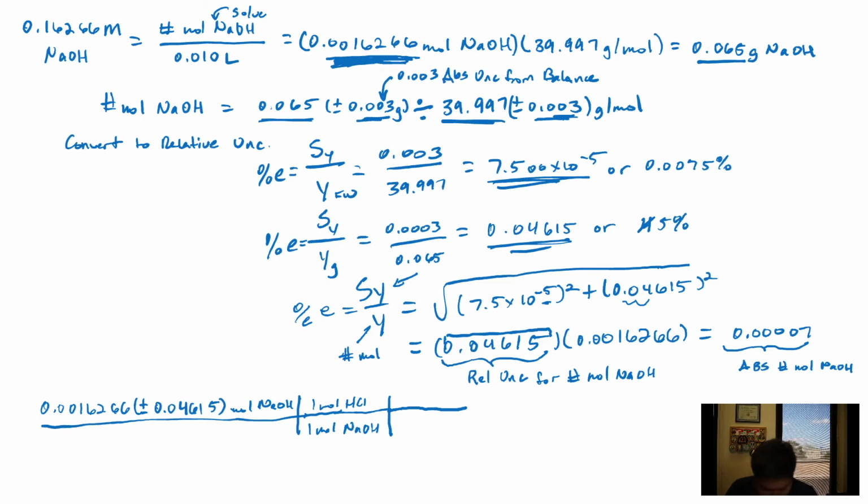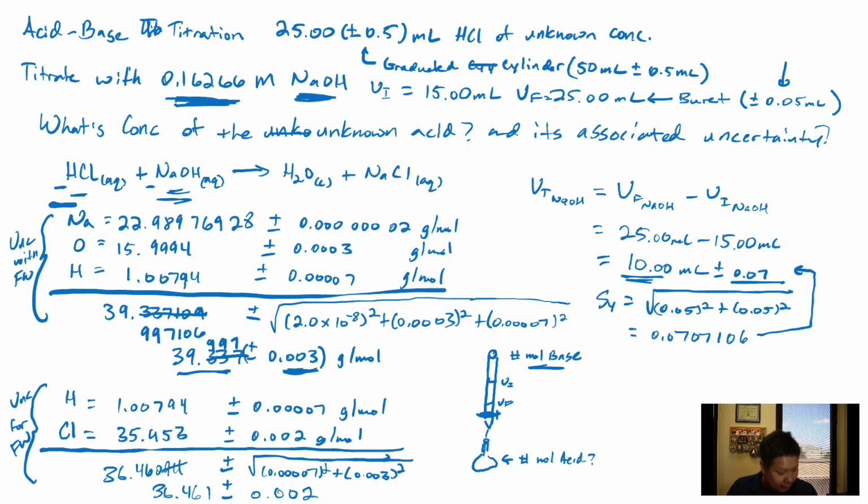If we look at the previous slide, this is the formula weight for hydrochloric acid, the 36.461. But interestingly enough, remember that what we calculated here was an absolute uncertainty right there, and our calculation's in relative uncertainty.